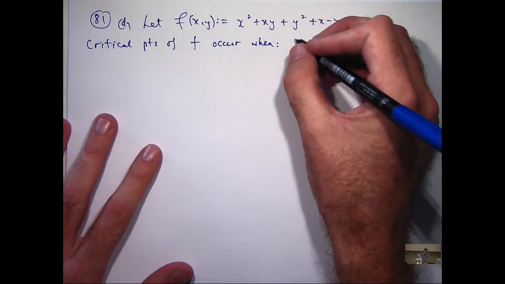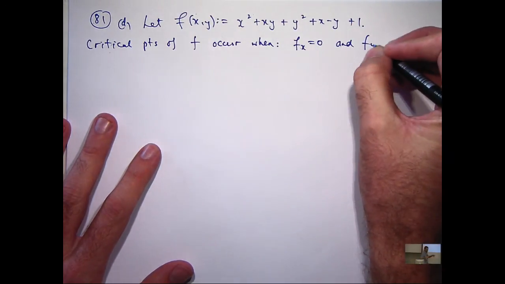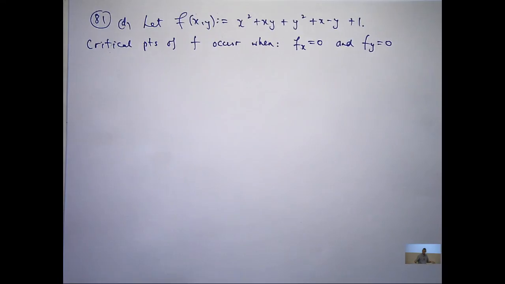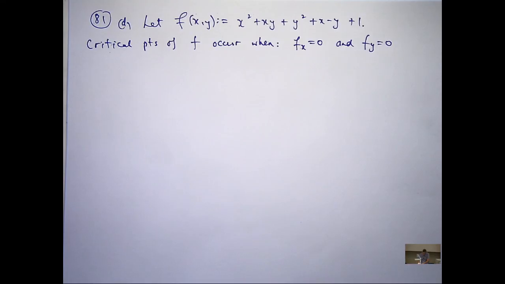Yep. So the first derivative test tells us that if f has a critical point, then it must satisfy these two equations, df/dx equals 0 and df/dy equals 0. So let's go through, calculate these partials, and we've got two equations and two unknowns. Solve for x and y, right?